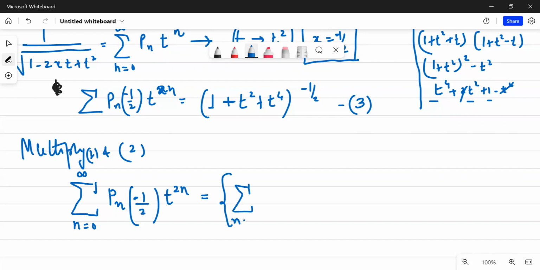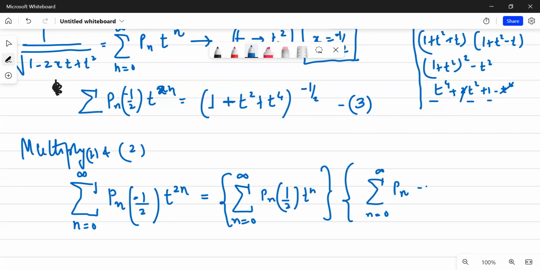This is equivalent to writing summation n equal to 0 to infinity, and then you have Pn of half t की power n in one of the braces, and in another brace, summation n equal to 0 to infinity, Pn minus half t की power n. Is that clear or not clear? देख लो इसको ध्यान से.